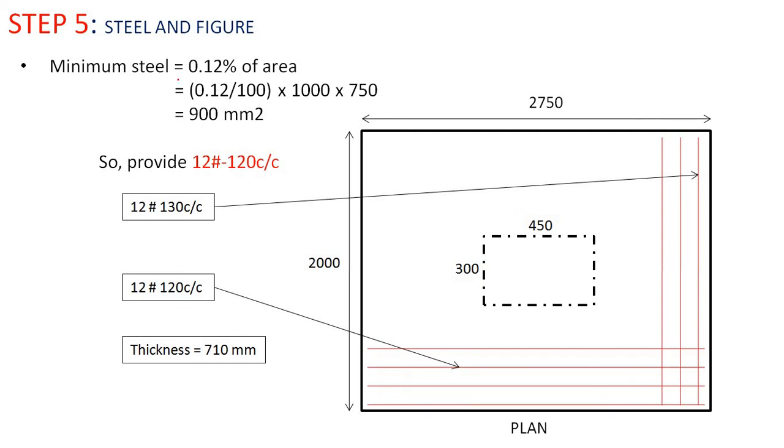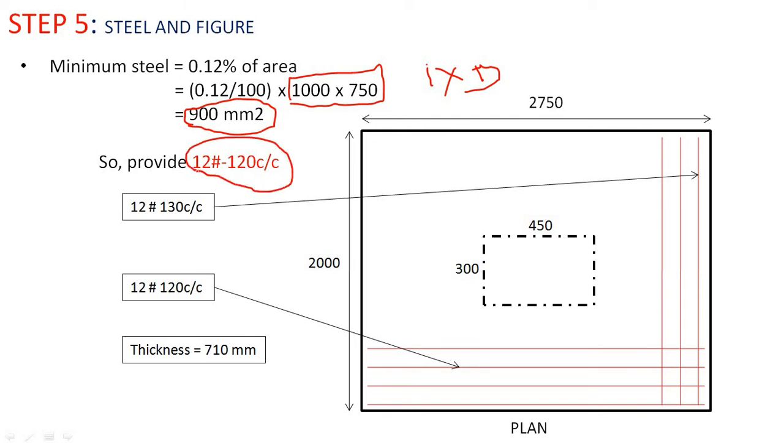We will use 0.12 divided by 100 into area, where the area is the 1 meter strip into the overall depth D. In our case 1 meter means 1000 mm into overall depth 750. So we have the minimum steel area as 900 mm square. So we will provide 12 dia at 120 center to center.